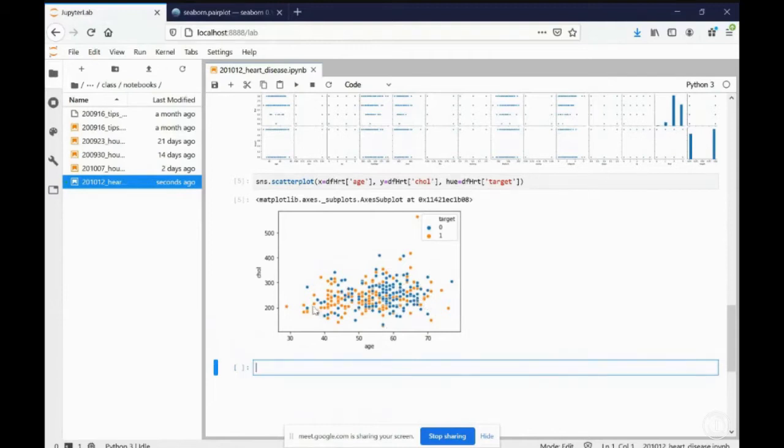But what this is saying is that you see more orange here than on this side. So we may believe that, or we have reason to believe that, if you are younger and you have cholesterol in this range, which would be considered a high range anyway, then you might be susceptible to heart disease, right? So there's a combination of age and cholesterol, probably. Lower age, higher cholesterol, which kind of makes sense.